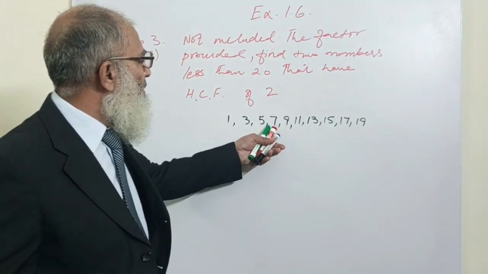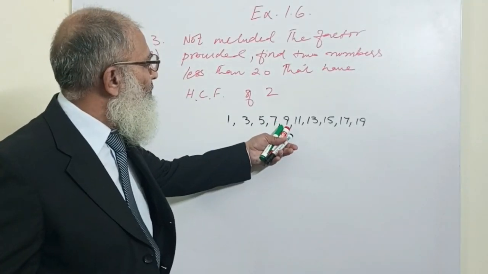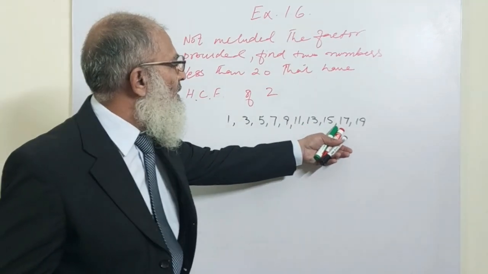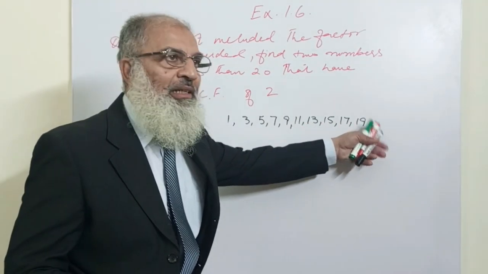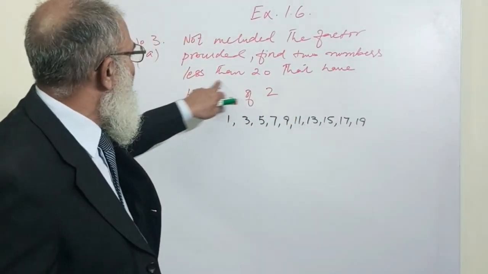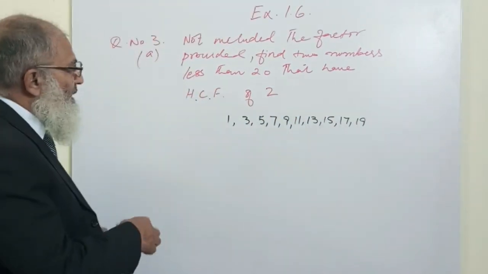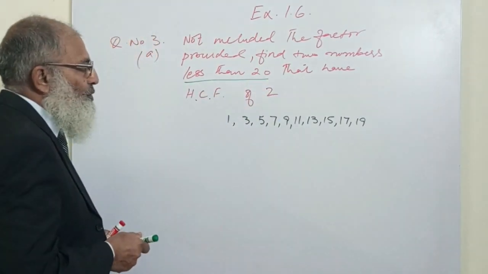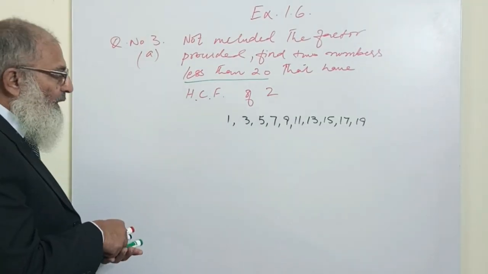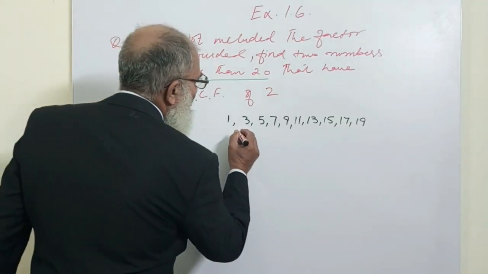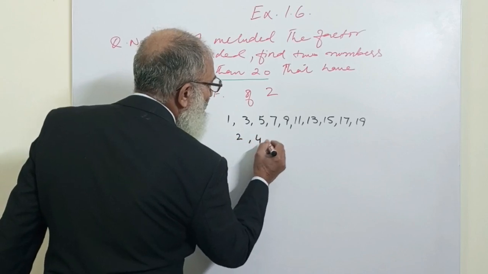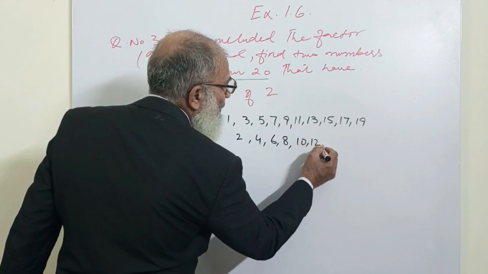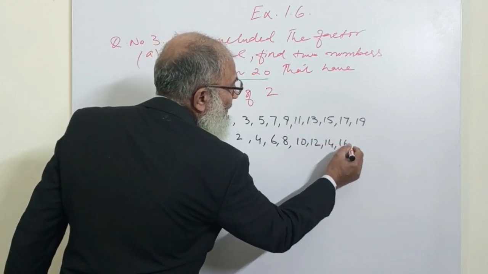2, 4, 6, 8, and then 10, 12, 14, 16, 18, and 20 is not included, since it says less than 20. So I am left with all the even numbers: 2, 4, 6, 8, 10, 12, 14, 16, and 18.